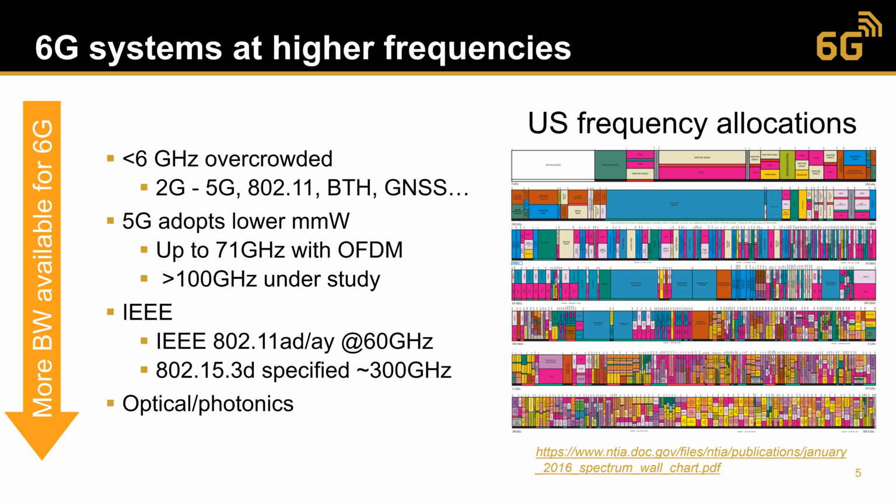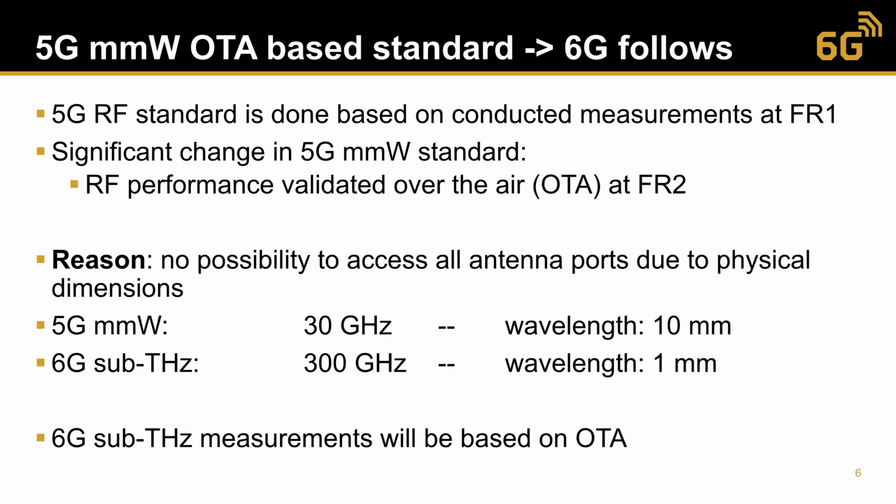One option for 6G communication networks is to co-locate and cooperate in the same frequency band as a Wi-Fi system, and this has already been done with 5 GHz Wi-Fi and LTE-LAA as well. The 5G millimeter wave system was the first telecommunications standard which was specified with over-the-air means.